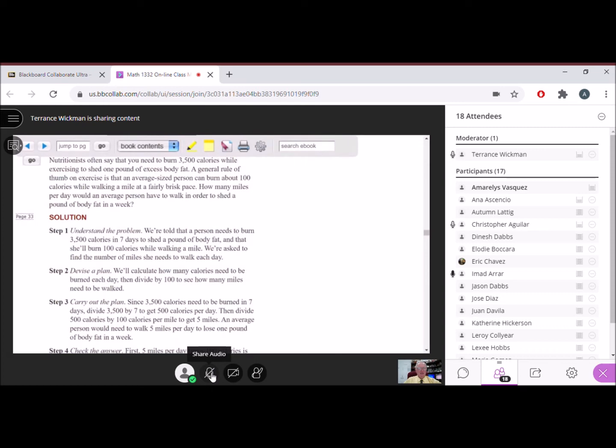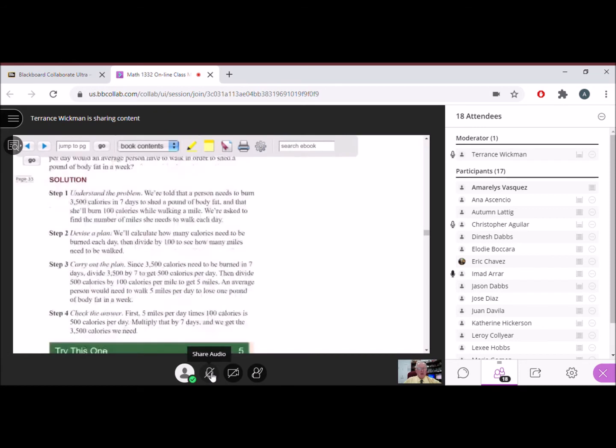Well, in order to burn 100 calories, you have to walk a mile. If you take this number, 3500 divided by 100, you're walking what? 35 miles, 5 miles per day, 7 days a week.